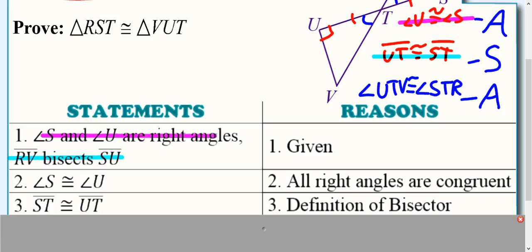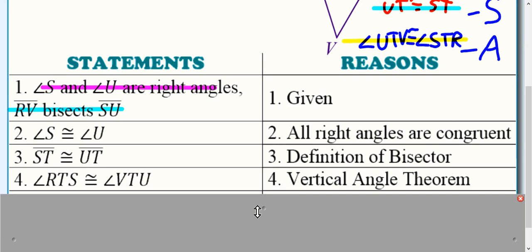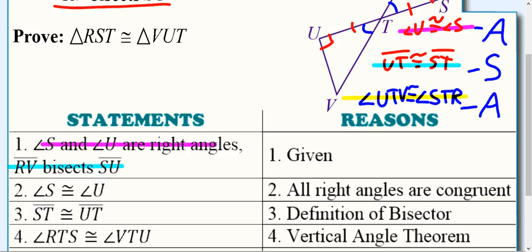So we got the third one here. The reason we knew that was there wasn't from the given, it was from the picture, because they were vertical angles, and that's our reason. Once you make those three statements, that is everything you need so that you can say angle, side, angle.